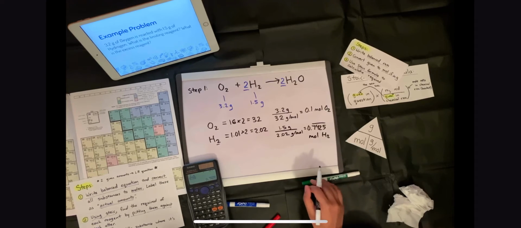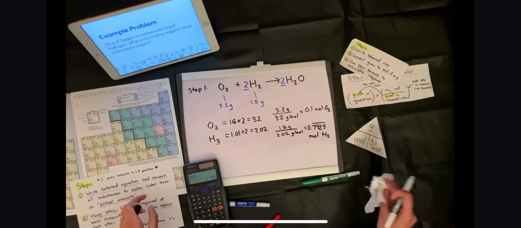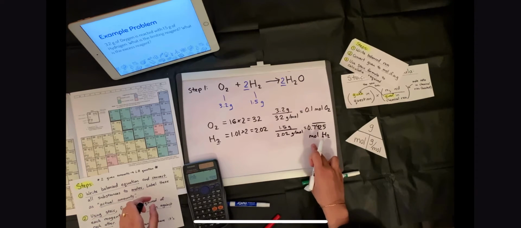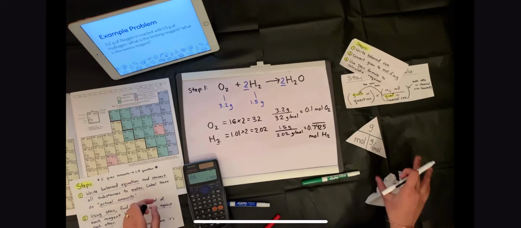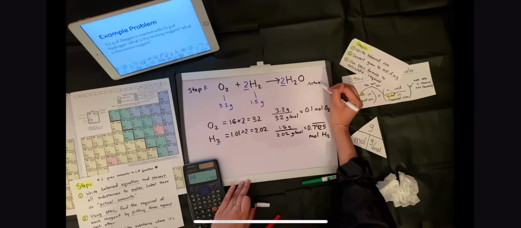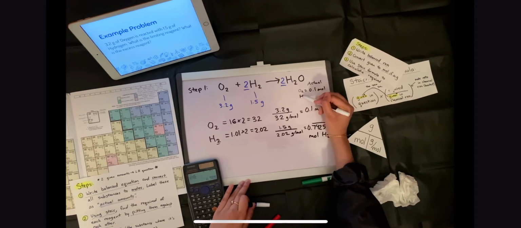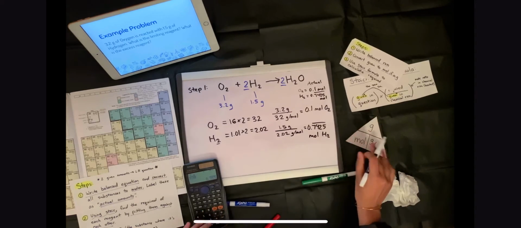Okay, so now we need space to continue, so I will erase these, but I'm going to write the actual ones in the corner so we can remember. So the actual for oxygen was 0.1 mole, and for hydrogen it was 0.7425 repeated mole.